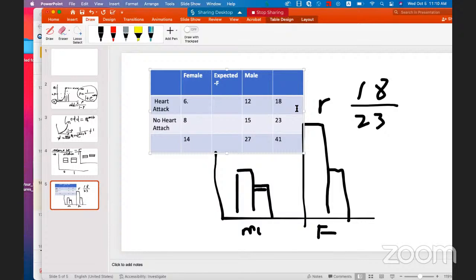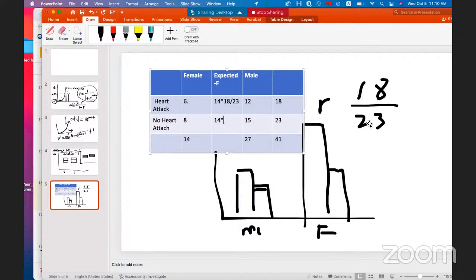Isn't it? So this expected value should be 14 times this ratio, 18 divided by 23.